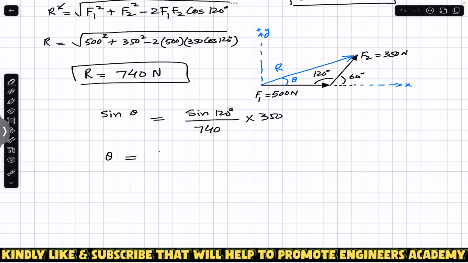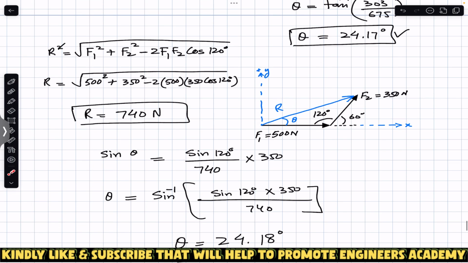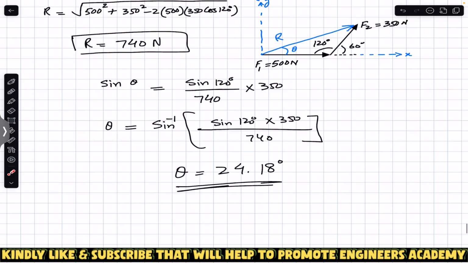So we can say theta is equal to sine inverse of sine of 120 multiplied by 350 divided by 740. So theta is equal to 24.18 degrees, which is about the same. This is 24.17, this is 24.18. So this is how we can find the resultant.